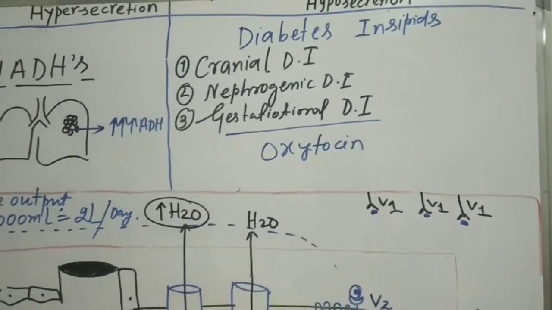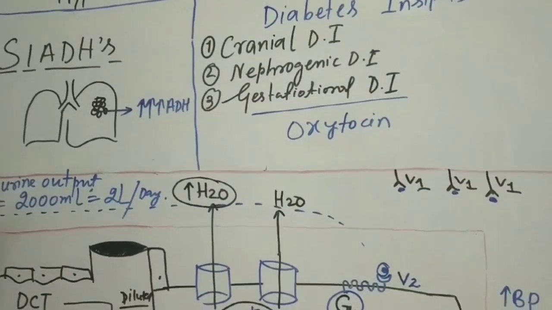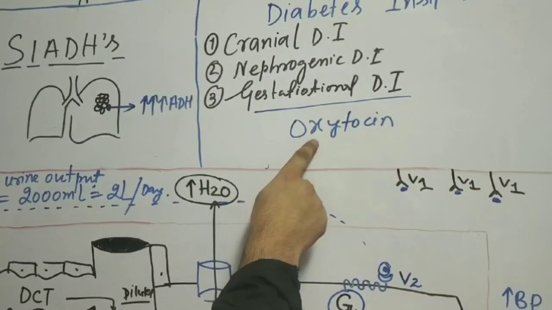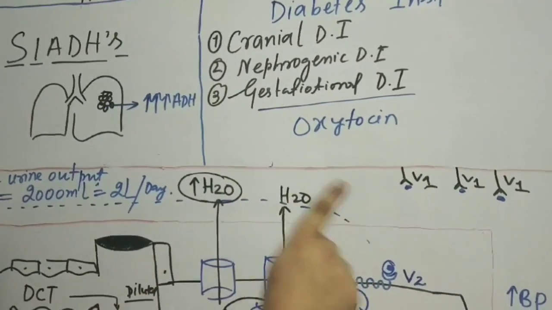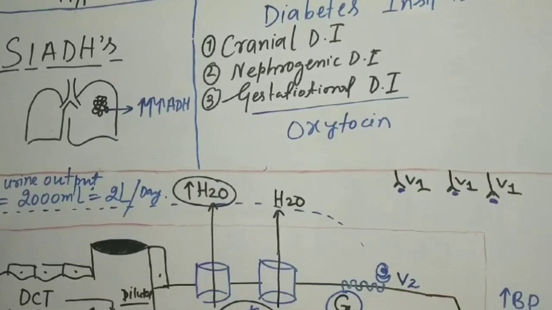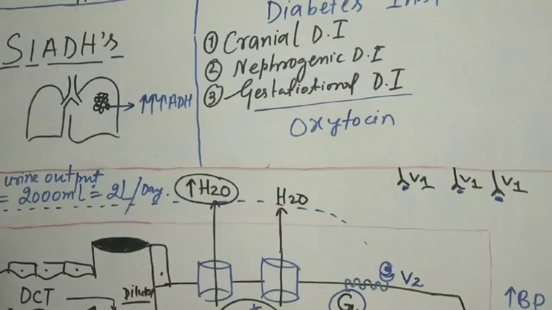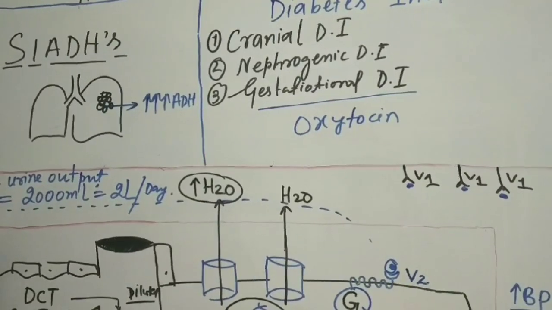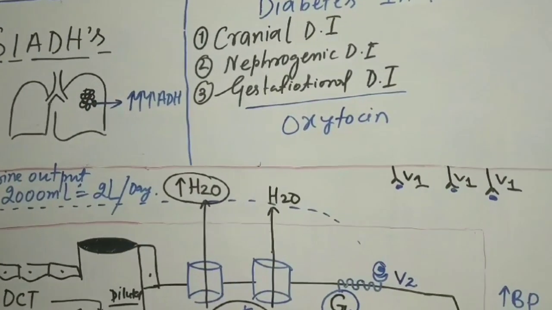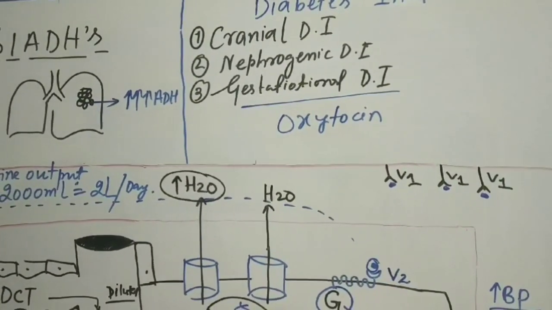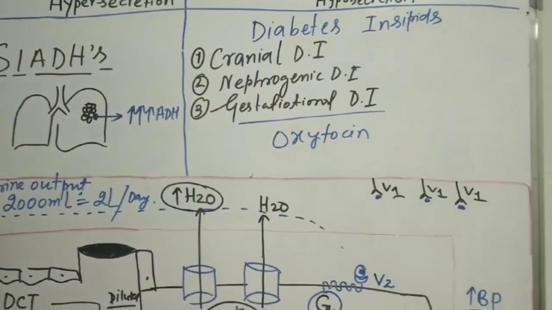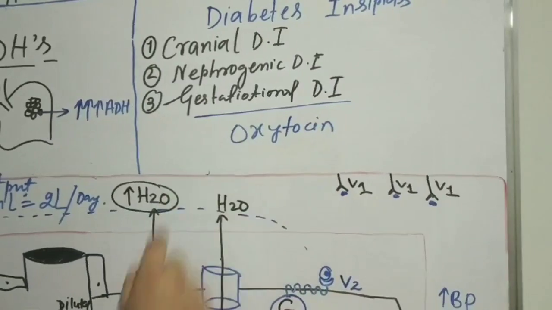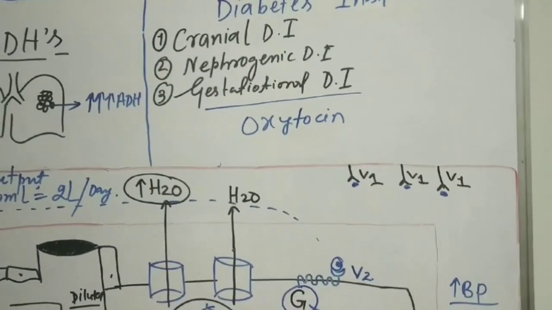It is secreted during parturition. But remember one thing, during pregnancy this oxytocin is very harmful for the mother's baby, because it causes contraction of the uterus, which can harm the baby and can eventually lead to the death of the baby. During pregnancy, this hormone is not important.